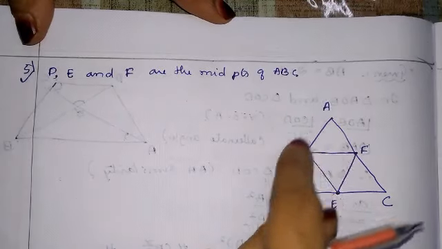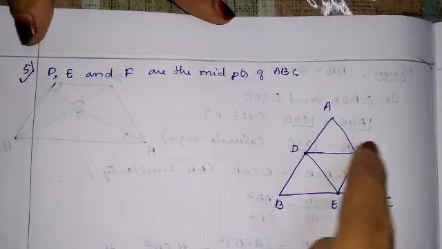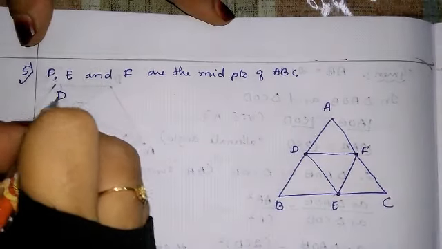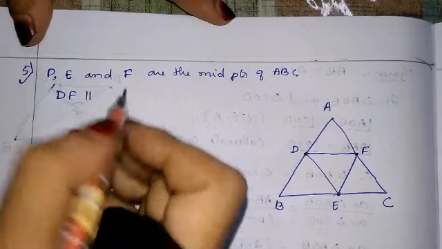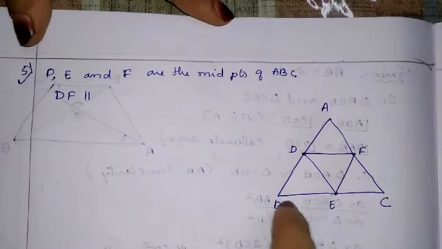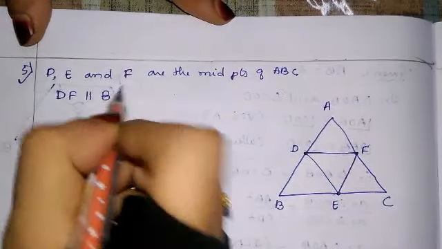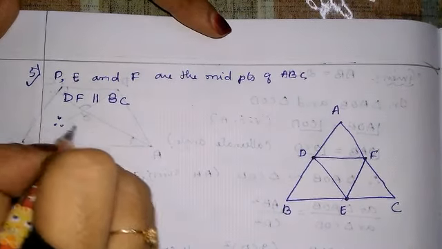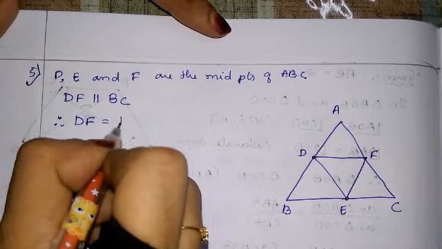I'll take this triangle first, ADF. In that we can see DF is parallel to BC, and according to the 9th standard midpoint theorem, we know that therefore DF is equal to half BC.